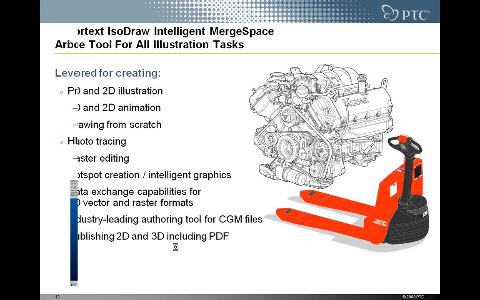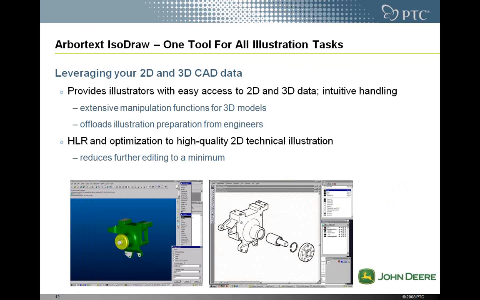So what I'm telling you here is to leverage your 2D and your 3D CAD data. If your company is designing with those tools, especially with the 3D, you're able to save a huge amount of time and effort in creating your illustrations. And your customers are going to notice. You're going to be able to create a lot more than what you were ever able to do previously.